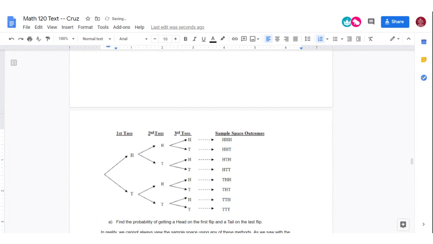All right, so find the probability of getting a head on the first flip and a tail on the last flip. See if y'all can work that out. And again, you should be able to do these just by looking at them and counting them. There is another way to do it, like I said, using rules that we haven't looked at yet. But just try to do it by counting.